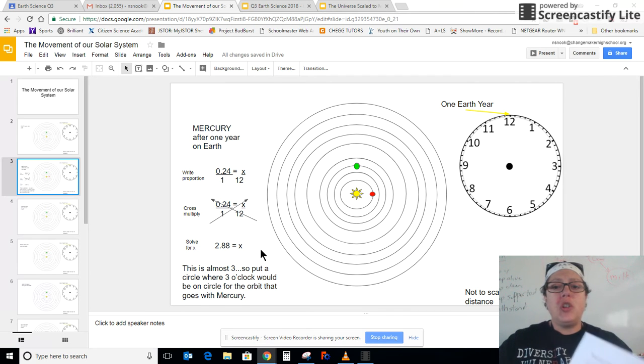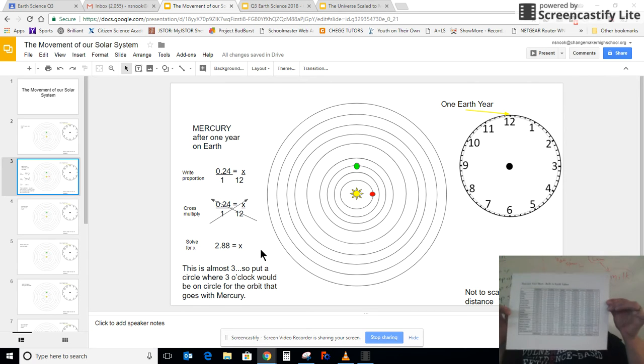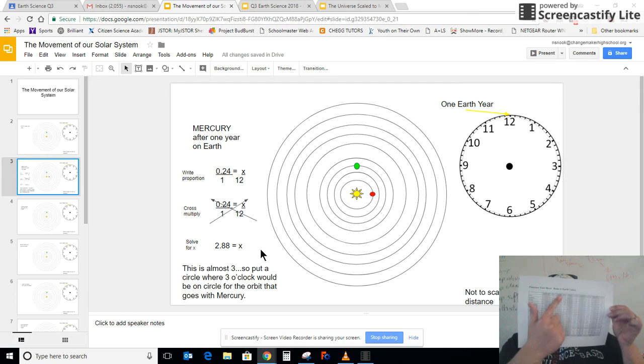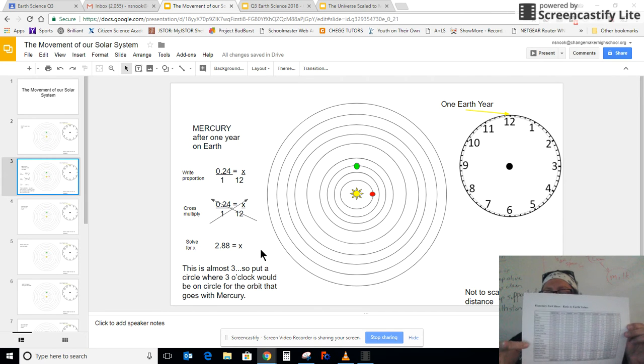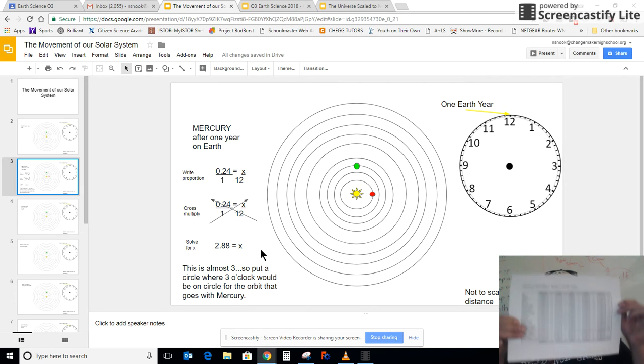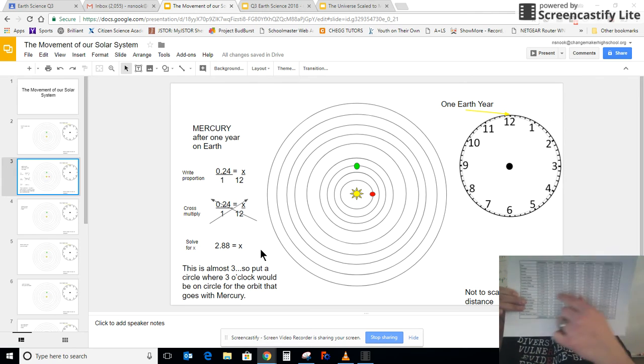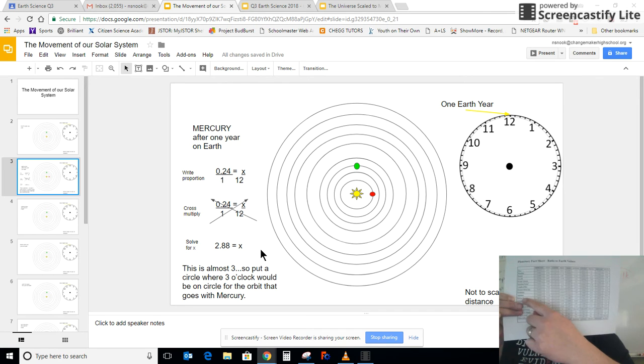So everybody should have this sheet where Earth is a 1, and there are extra copies on my desk if you cannot find them. And what you're going to be using is the orbital period, which is down here. And you would like to probably highlight this so you don't mess up.